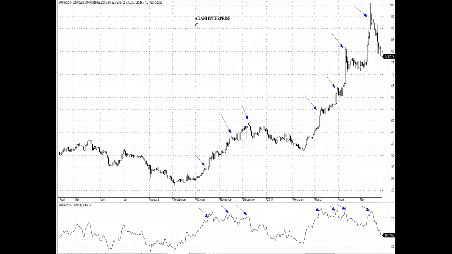Adani Enterprise: every time the market becomes overbought, Adani Enterprise posts a new high. Just look at the beauty of RSI and how it says every time the market becomes overbought, it posts a new high.